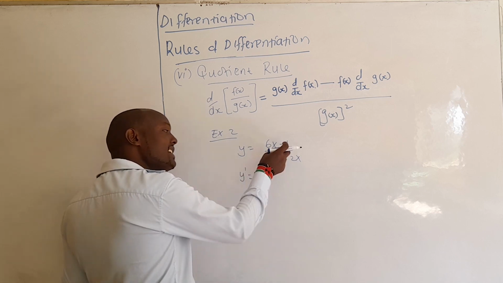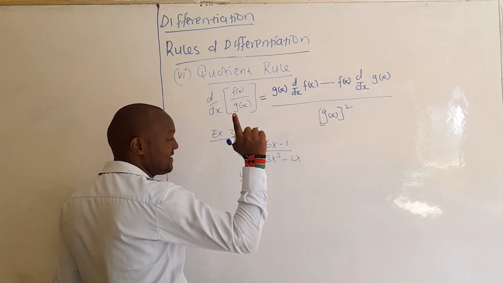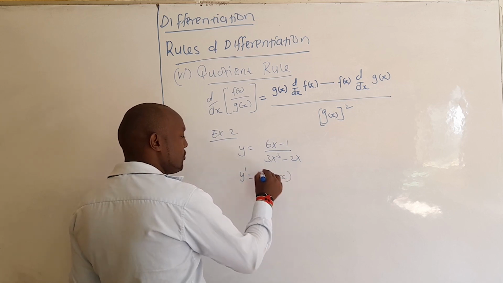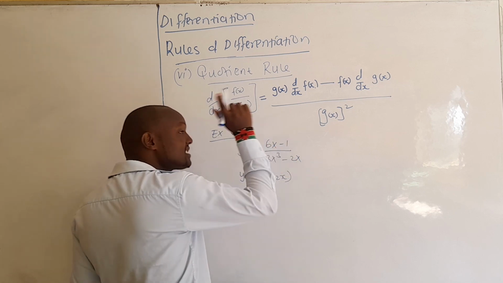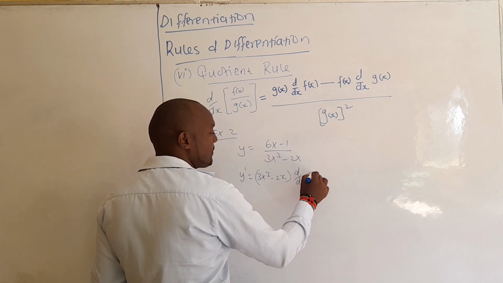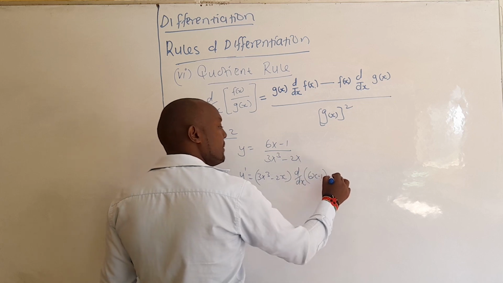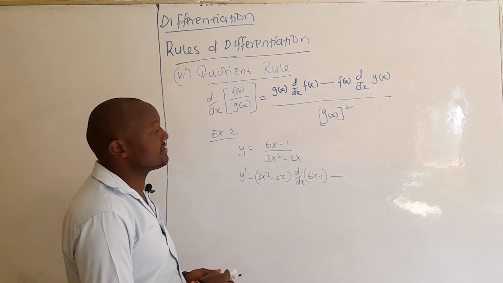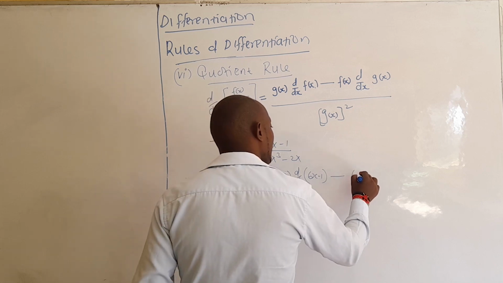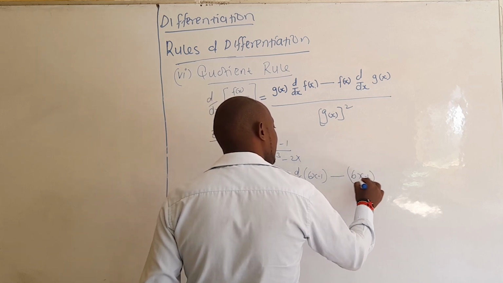Again, we said we must differentiate the numerator first. So you have 3x cubed minus 2x. We hold that one constant. So we differentiate the numerator first. So minus, we say in this case it's not like product rule. We use a negative sign. So we hold the 6 numerator constant.